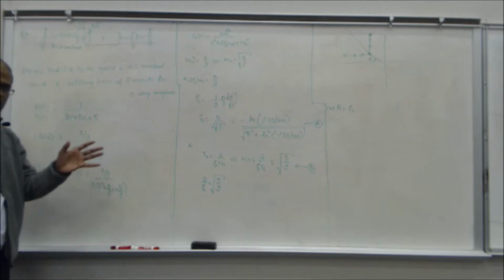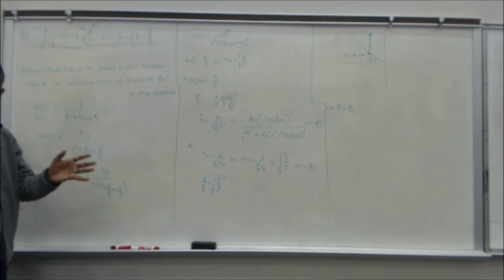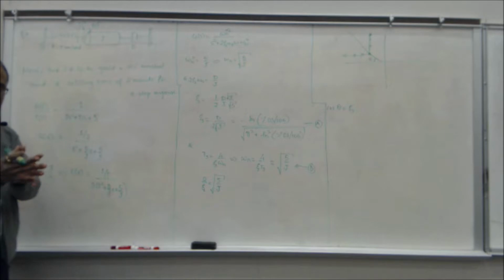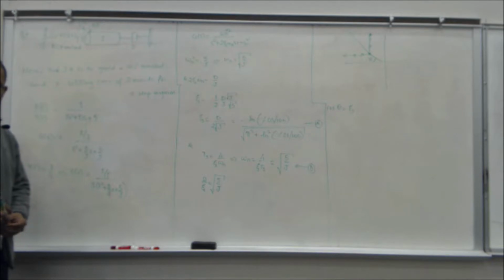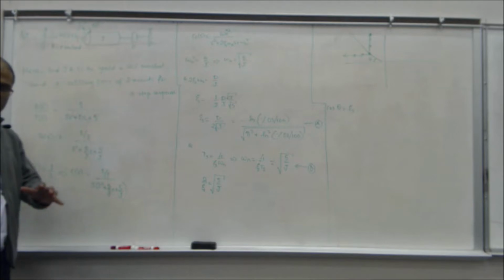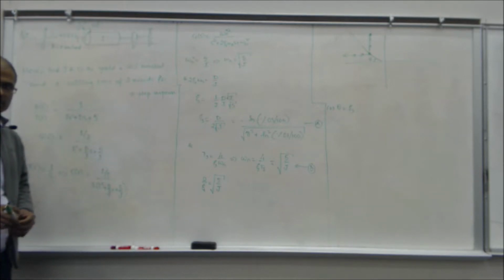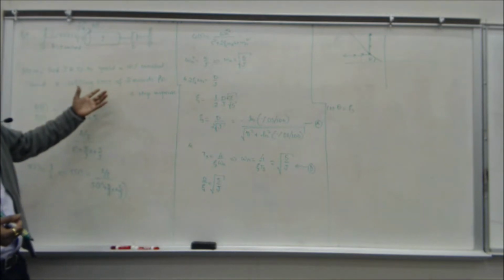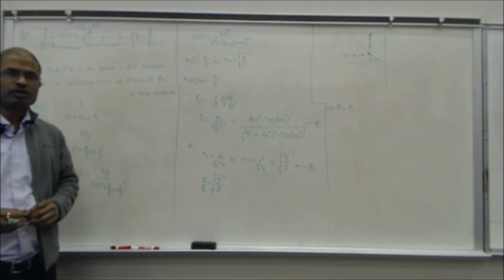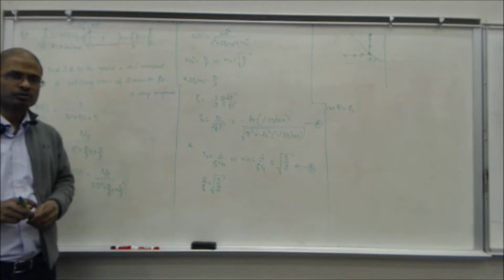Now you're able to connect the real world control system and the math behind it. And that is what you need to learn about time response. The math here puts a lot of emphasis on these poles. Okay? Your poles determine how your system is going to react.